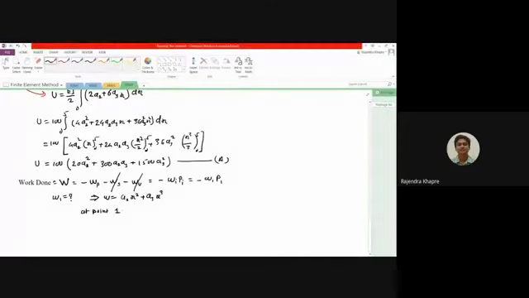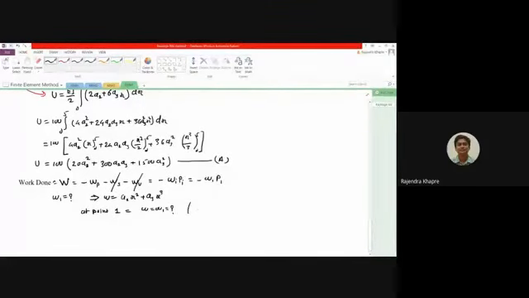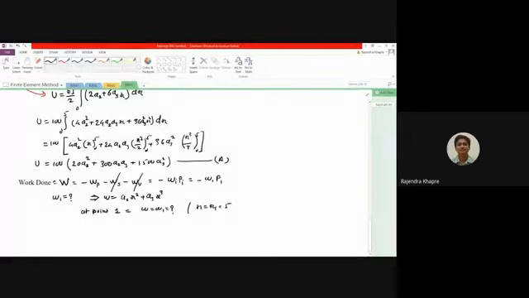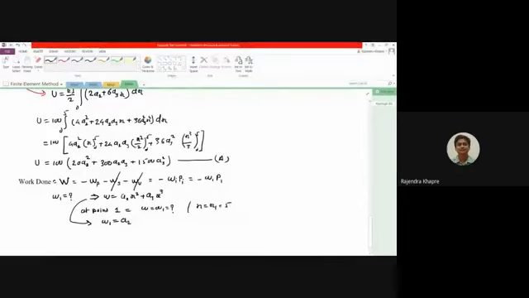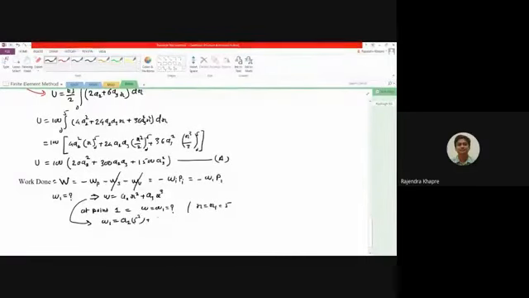So at point 1, the W value will be called W1, its value will be unknown, and the X value will be called X1, and its value is known to me, it is nothing but 5. If you substitute these values over here, W1 will be A2 into 5 square plus A3 into 5 to the power 3.